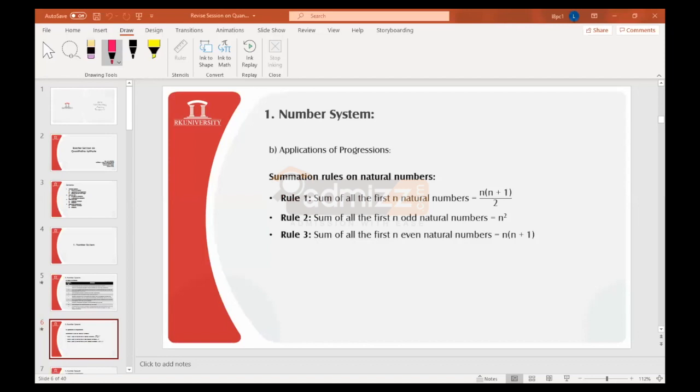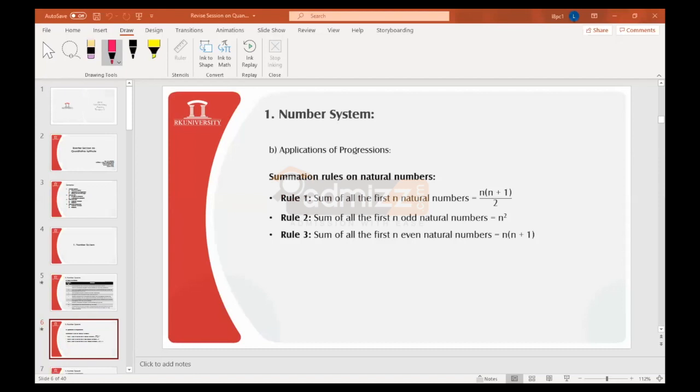So in arithmetic progression, you should have an idea about the term and sum. The term Tn equals a plus n minus 1 into d. You can apply this formula if you want to find, suppose for this sequence, the 100th term. T100 means the 100th term, a means the first term, which is 2, n is 100, and the difference is 2.